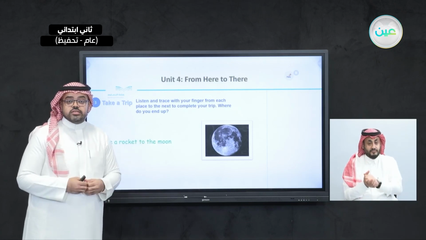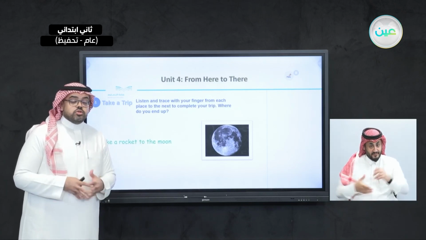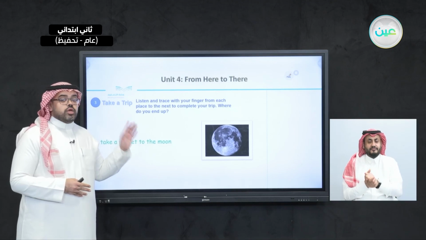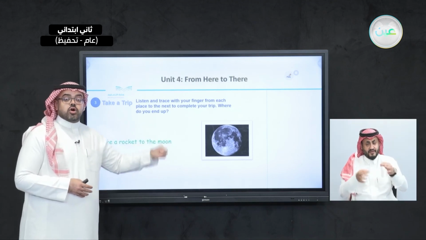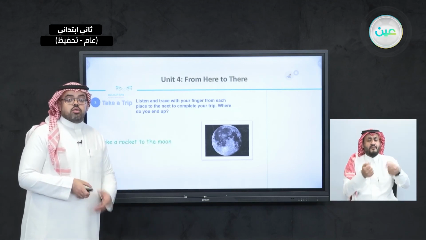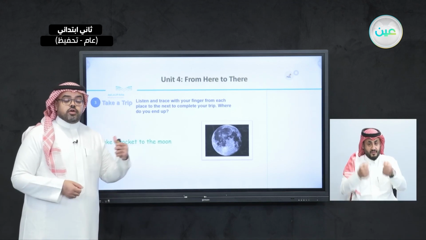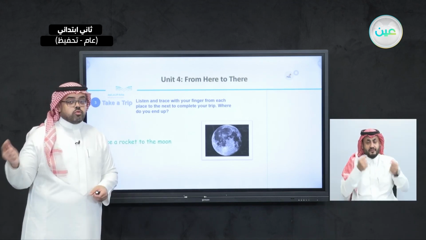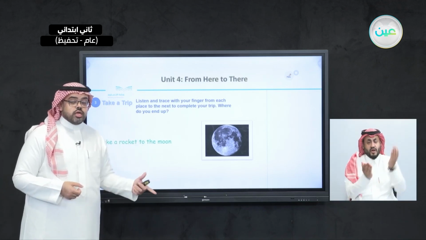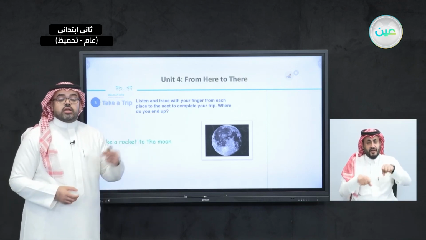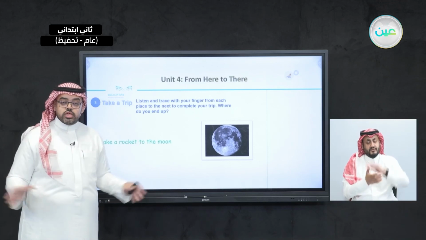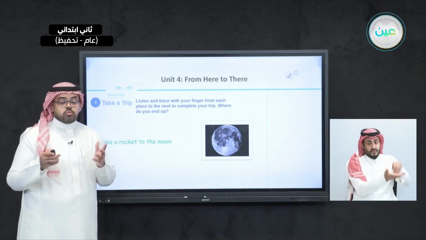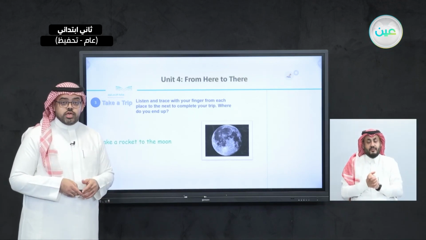Isn't this exciting? So what's important here is that we learned the different types of transportation: cars and a police car, a school bus, a train, a bicycle, an airplane. All of these are types or modes of transportation.